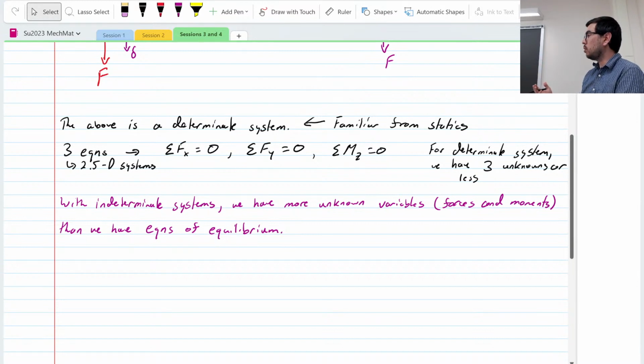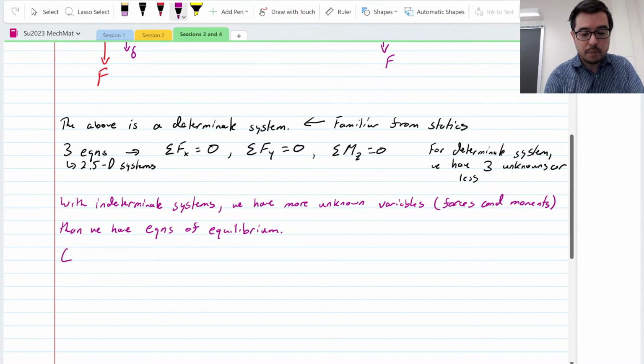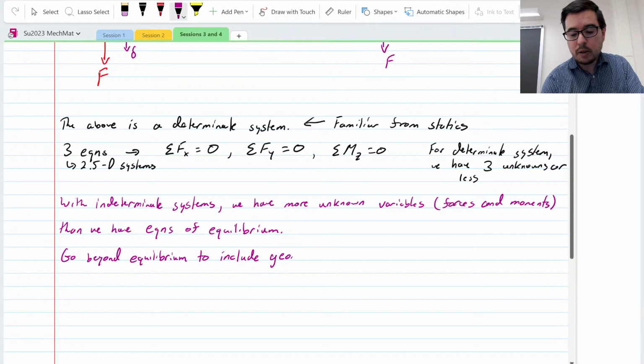We're still using equilibrium because that gives us our base equations, but we go beyond it to include geometry and displacements.